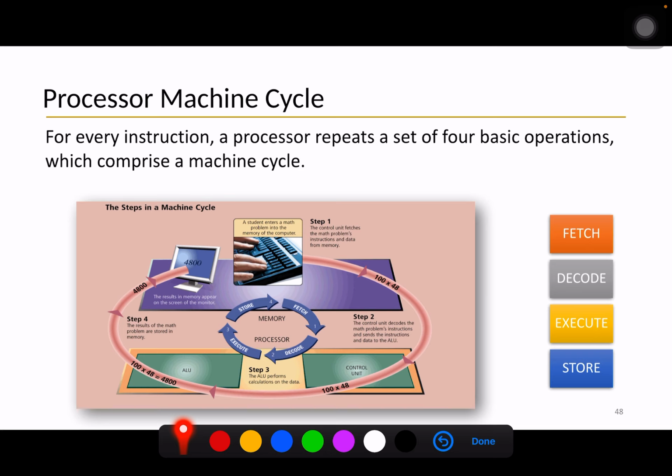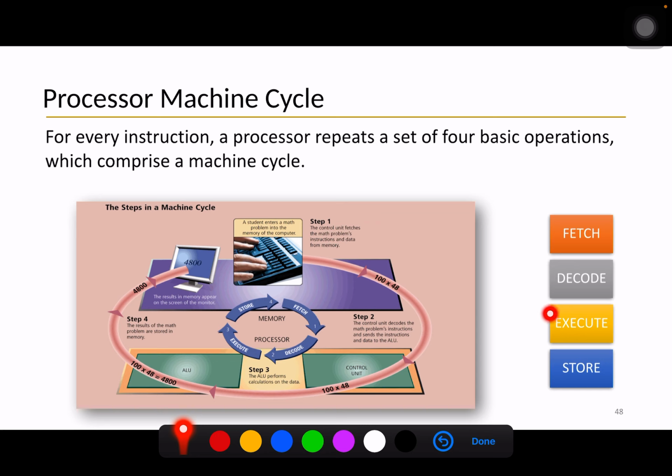The processor must do these 4 things: fetch, decode, execute, store. Fetch means get data and instruction from the main memory, then decode the data or instruction, then execute the instruction and data, and then after getting the result, store the data. So these are the main 4 things carried out by the processor.